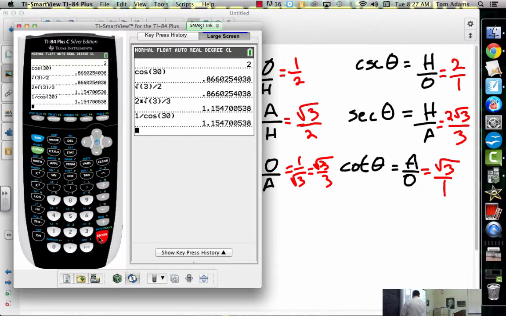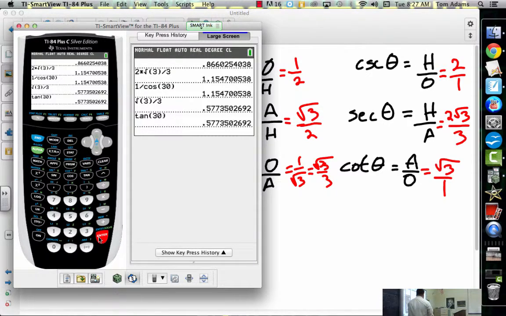Lastly, we said the tangent of 30 degrees should be root 3 over 3, which is 0.577. So if I plug in tangent of 30 degrees, I should get 0.577. See what I did there?